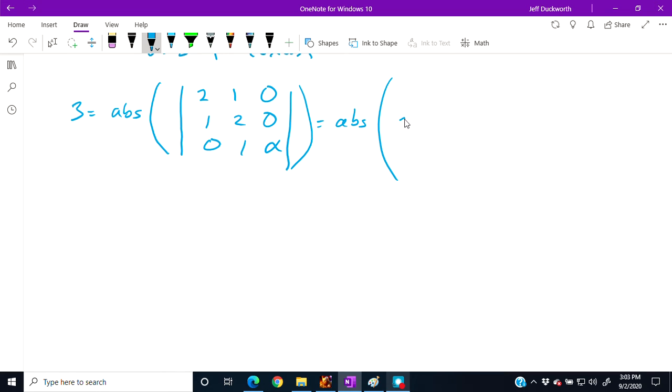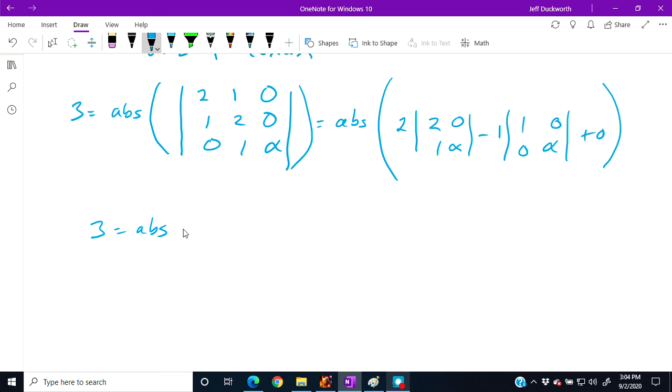So our first value in the upper left is 2, and I've got the determinant of 2, 0, 1, alpha. Minus 1 times the determinant of 1, 0, 0, alpha. And then plus 0, and I'm not going to put the determinant in there because it doesn't matter, since we're multiplying by 0. All right, so we have 3 is equal to the absolute value of 2 times alpha, so 2 alpha, and then subtract alpha, and then 0.